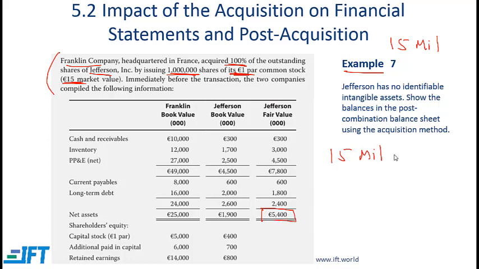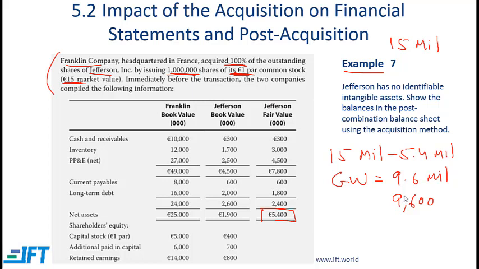The fair value of net assets is 5.4 million. So the goodwill amount is equal to 9.6 million. If we work in thousands, the way the information here is presented, the goodwill is 9,600.